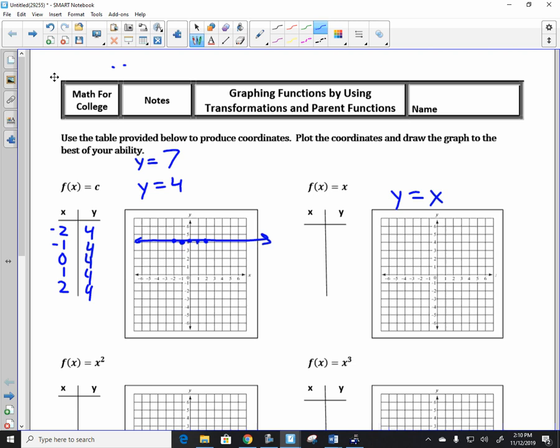Y is equal to 7. Now that you know what y equals 4 looks like, my guess is you now know that y equals 7 looks like that. Now what would you like y to be equal to? Y equals 2? Yeah. I just picked one for an example. We could have picked any of these up there.